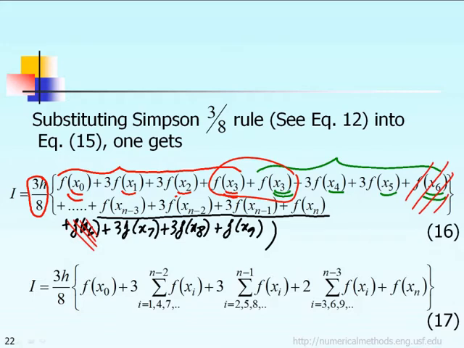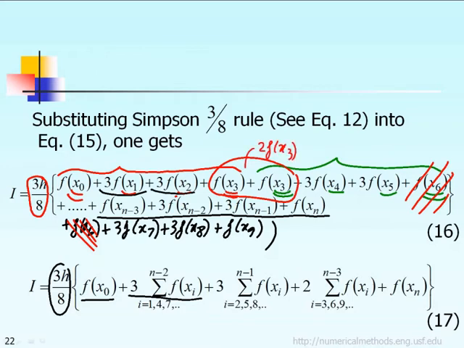That's why in the next equation I show you 3h over 8, the same as in the previous equation. f(x0) is shown here, 3f(x1) is shown here, but then you also have 3f(x2), and when you combine these two, you get 2f(x3).